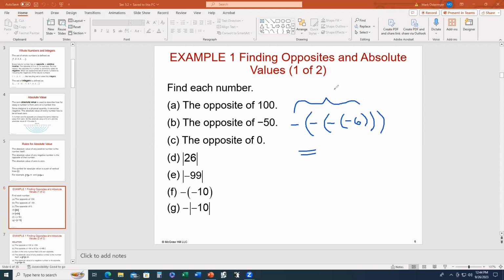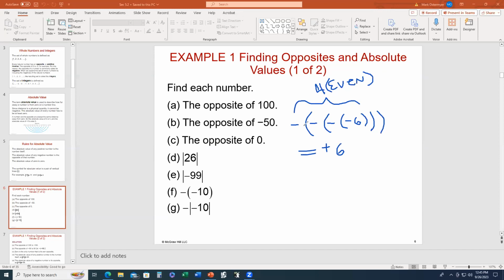There's 4 negative signs, and 4 is an even number. Do you agree? Yes. Whenever you have an even number of negative signs and nothing but parentheses, this always walks out as being a positive. So again, if you have an even number of negative signs with nothing but parentheses, and a number in the innermost nested parenthesis, then the overall result is a positive.